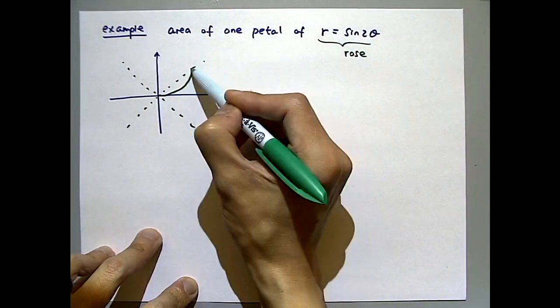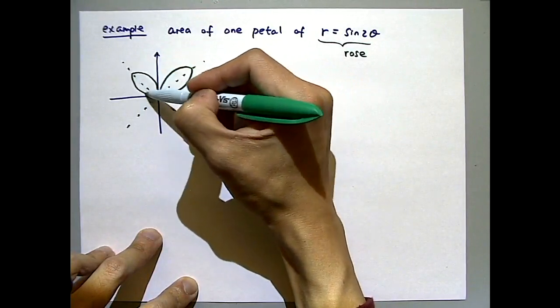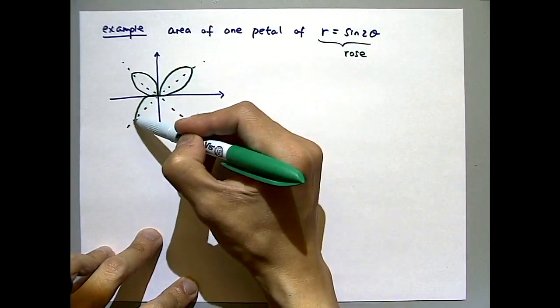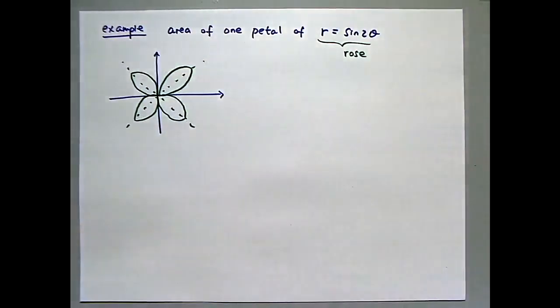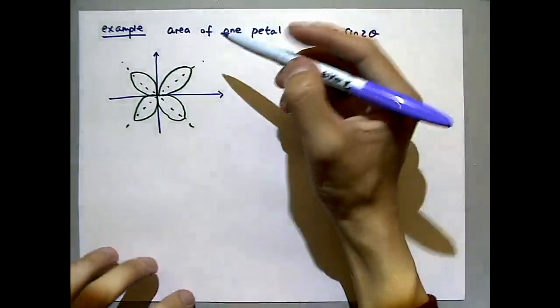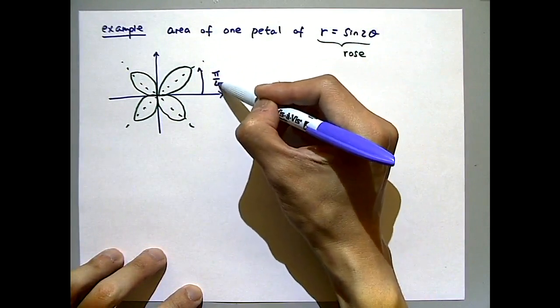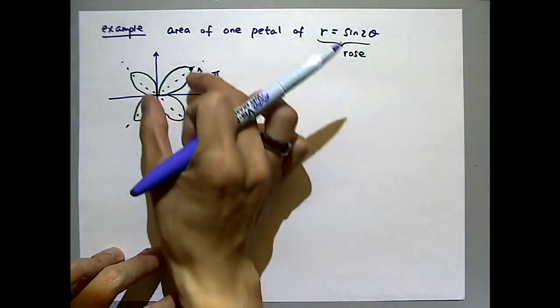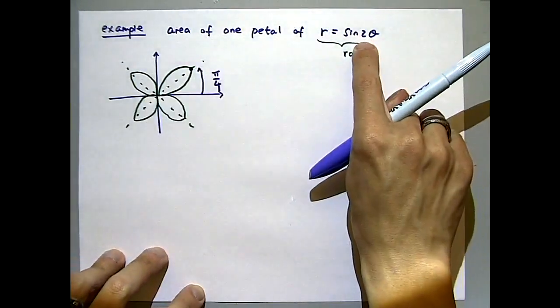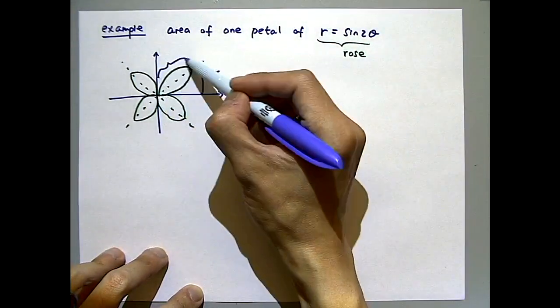We have 4 petals of this thing. And they're, of course, the same shape. And the maximum radius, sine is always between -1 and 1, so the maximum r is equal to 1.